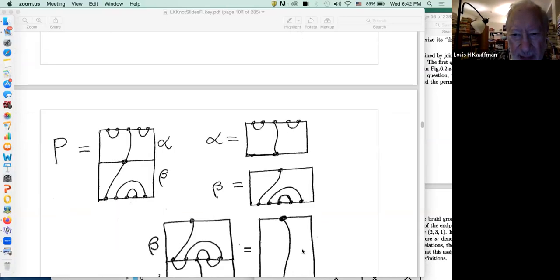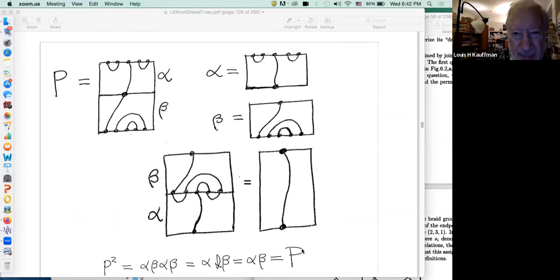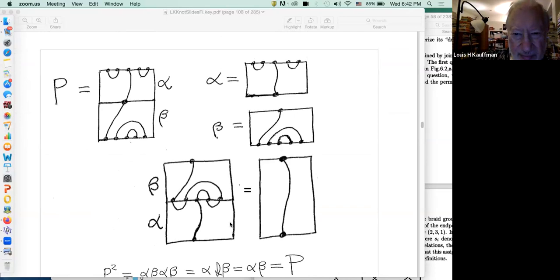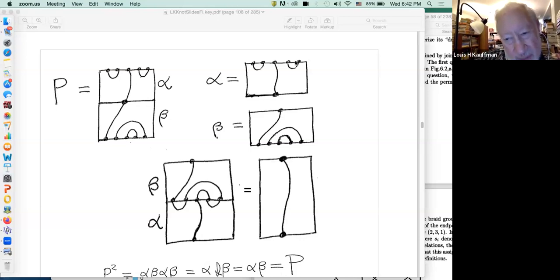And here's another example. And this will help. If I take P like this, and I look at it as a product of alpha and beta. Now, my products just went outside the algebra a little bit. I have one at the bottom and a number at the top, but you can do that, just like you can have 3x4 matrices.